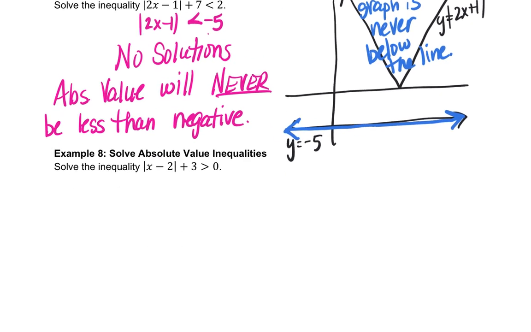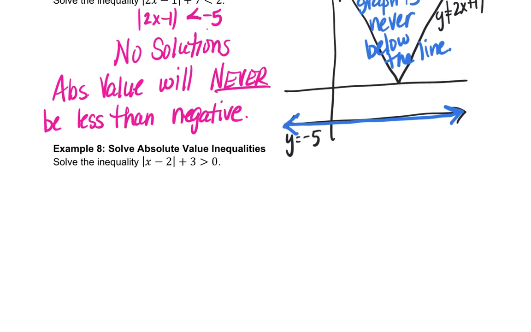And then our last scenario, I've got the absolute value of x minus 2 is greater than negative 3. So absolute value cannot be equal to a negative. Absolute value cannot be less than negative, but can it be greater than negative? Mm-hmm. Yes.